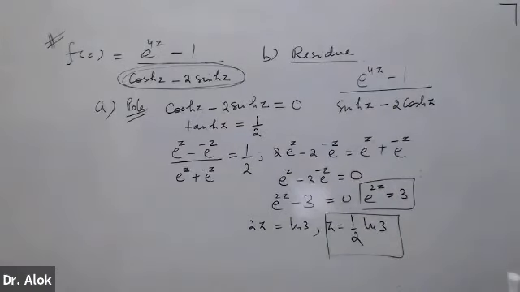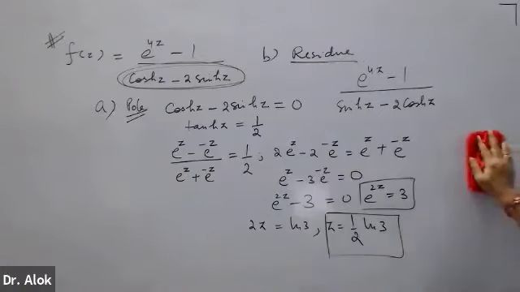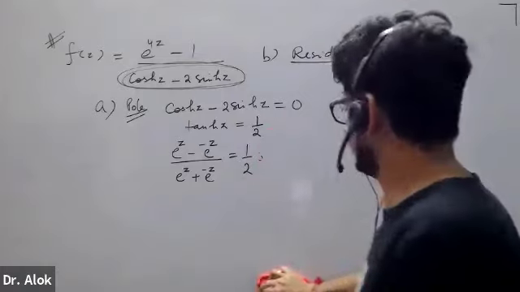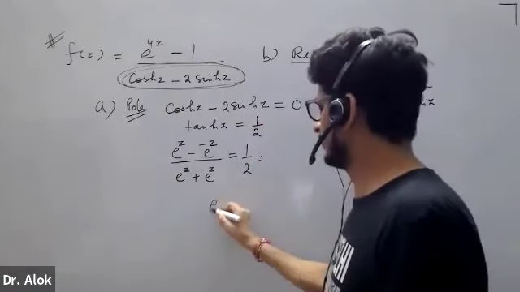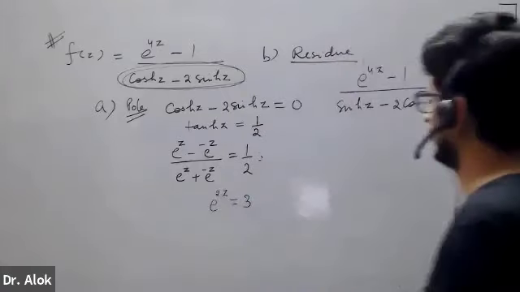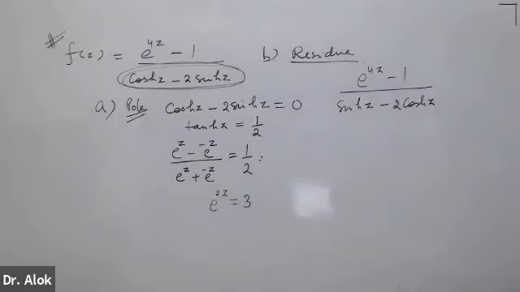So can I erase this part now? This you have noted down? Everybody? Yes, sir. If I erase this part, we know that the pole was at e to the power 2z is equal to 3.